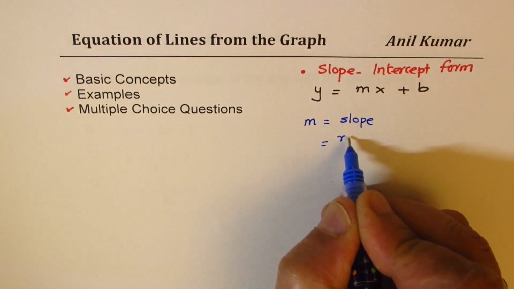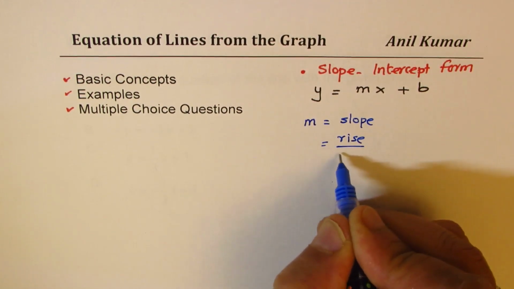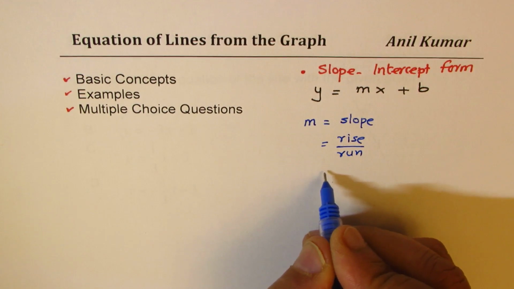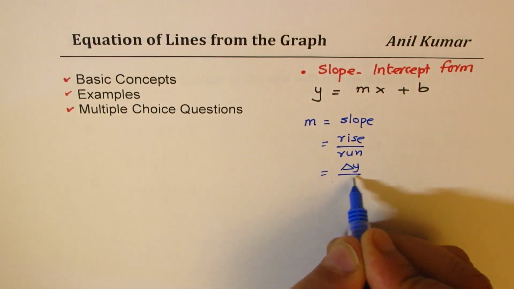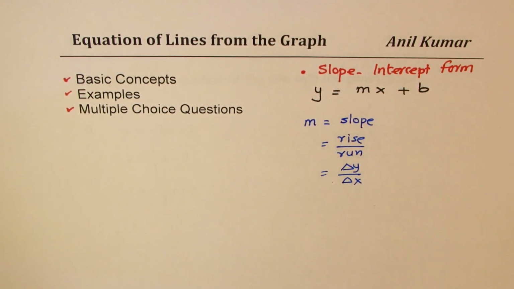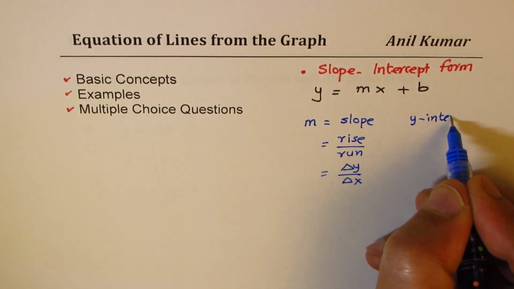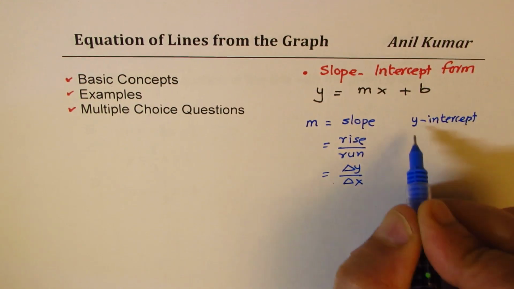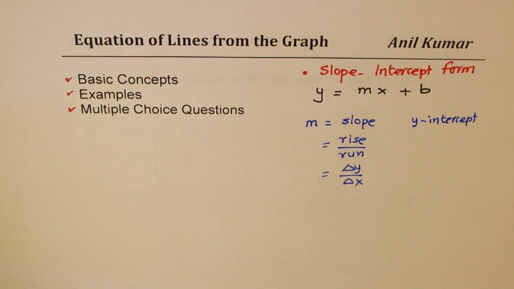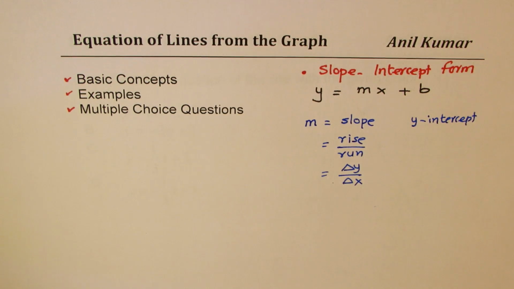We also write this as rise over run, or change in y over change in x. So that is slope. B is y-intercept. Y-intercept means wherever on the graph the line crosses the y-axis, correct?